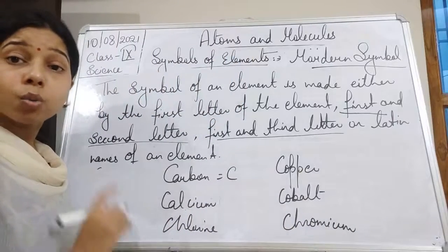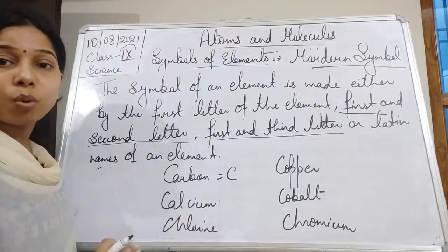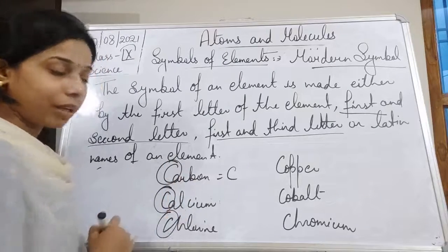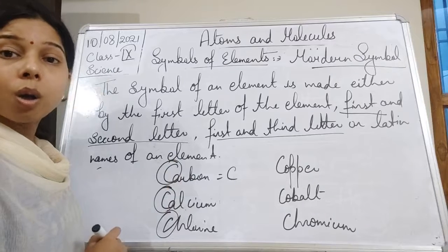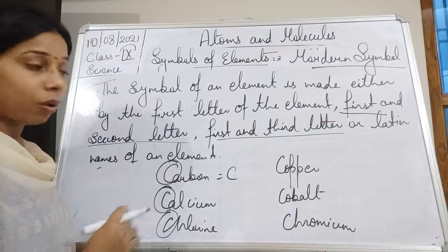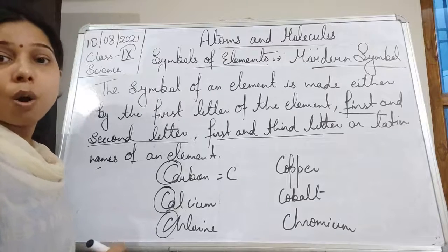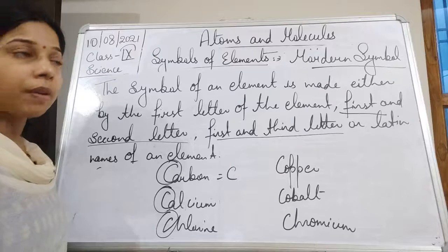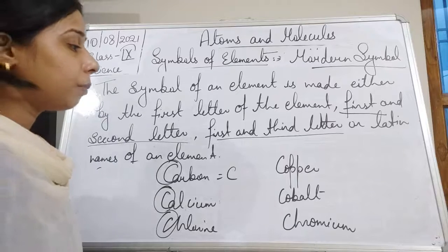So there is not one, but many elements which start with C. So it is quite difficult to take all the symbols from the first letter of the element, or from the first and second, or first and third. So in order to prevent that, we use the Latin name.